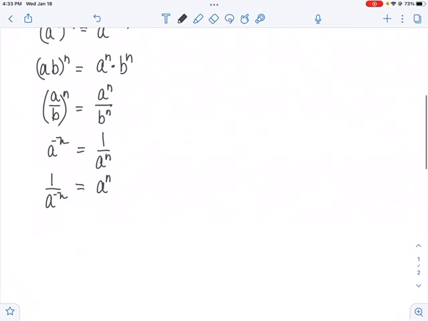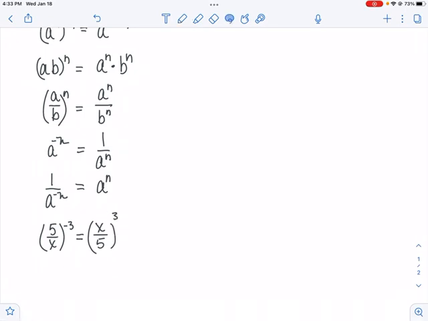And if I have a fraction, like, say 5 over x, and that was to the negative third power, then we could rewrite that as x over 5, and we could write that as the third power.